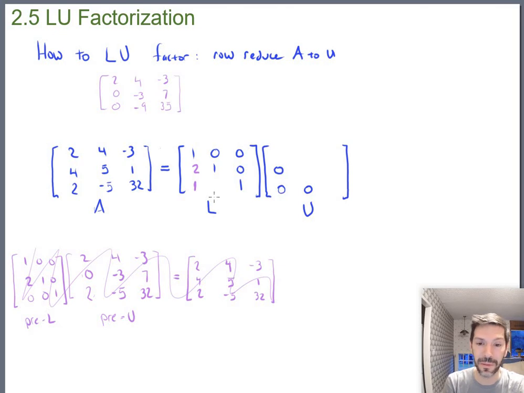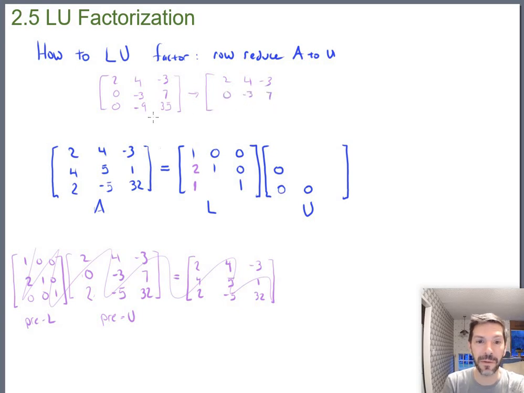There's only one more step to reducing A to U, and there's only one more spot to fill in on L. So my final bit of row reduction here, I'll go ahead and write out again: 2, 4, -3, 0, -3, 7.